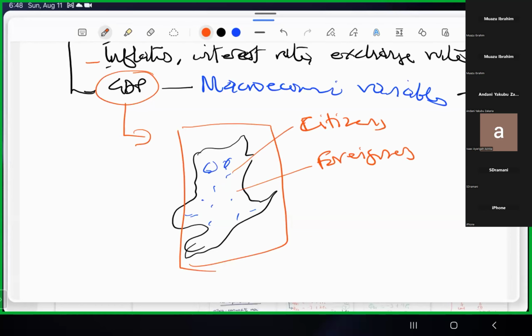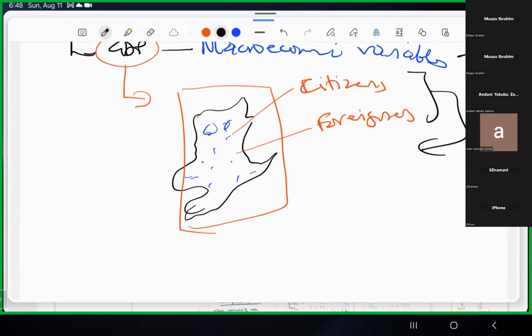Citizens and foreigners provide goods and services. So here they engage in the production of goods and services.